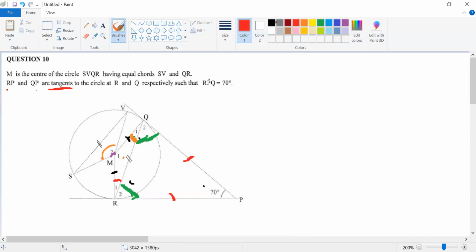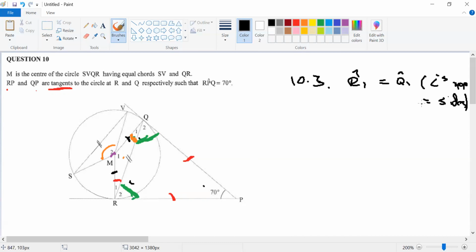So my first statement is going to now be that for 10.3, angle R1 is equal to angle Q1, because they are angles opposite equal sides.